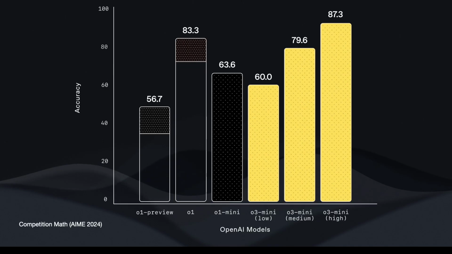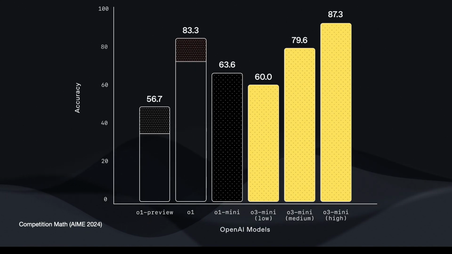And O3, the recently released model, from my testing in a short time, I have found that it's a little bit better, not too much better than R1, but it's a great model to use if you're looking for reasoning models.